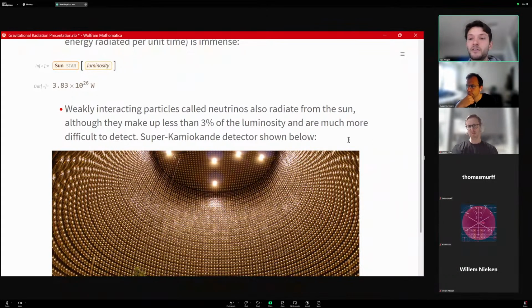But I don't think that energy has been attained. So I don't think it's been verified, but it's perfectly consistent.